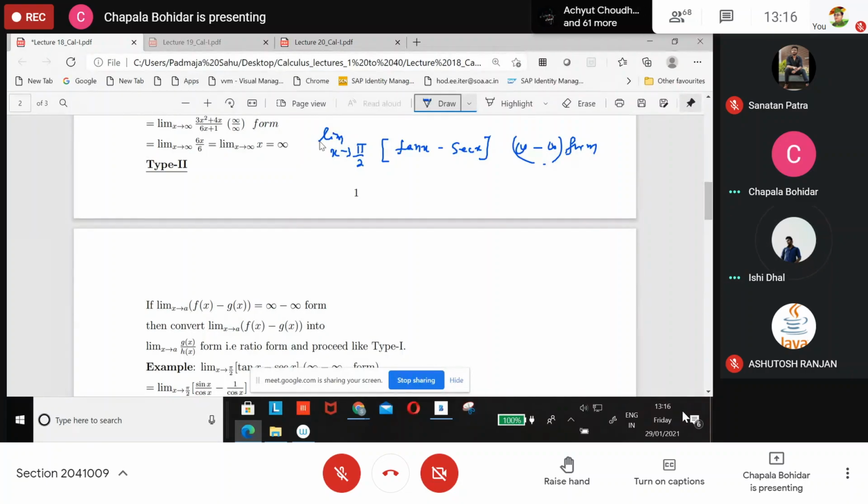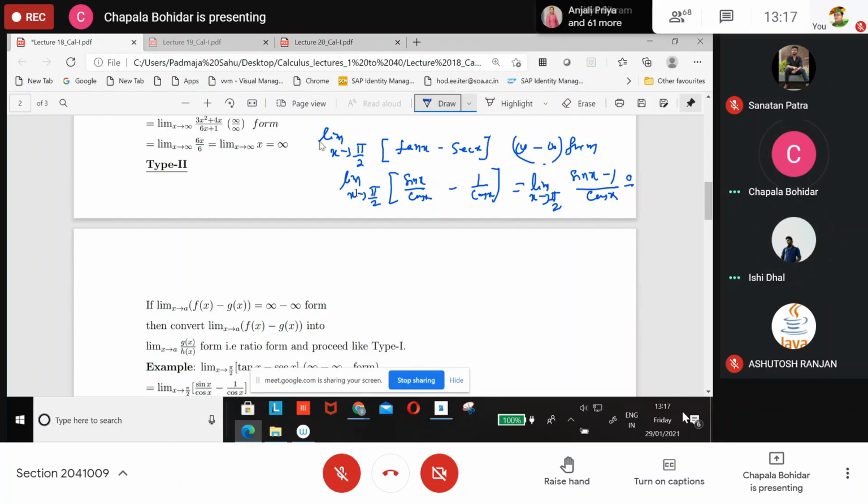Yes, ma'am. Okay. Then I can write down limit x tends to pi by 2, sine x by cos x minus 1 by cos x, that is equal to limit x tends to pi by 2, sine x minus 1 divided by cos x. Which part? So 0 by 0 form.